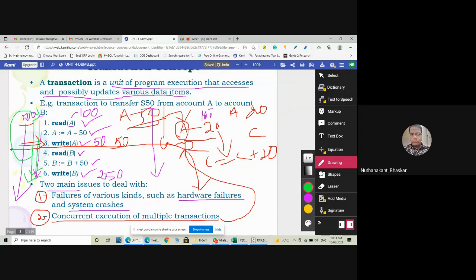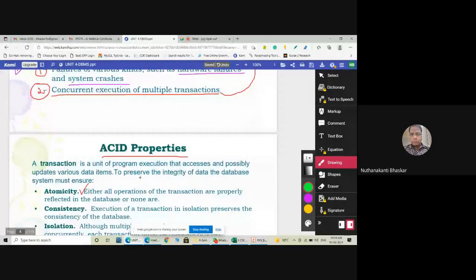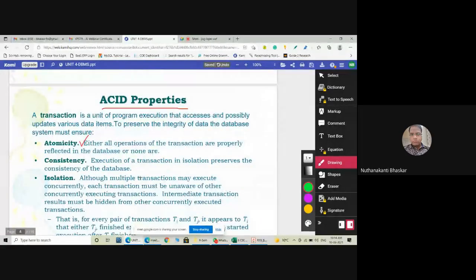Because if you stop here because of a hardware failure, what happened? A is going to lose the $50. Here, if it fails in this case, the atomicity rule says the remaining actions in the transaction are not executed, and it must be moved directly to the beginning of the transaction. So that A has 100, B has 200, and no one will lose anything. Maybe the transaction fails, but no one will lose anything. Understand? That is called atomicity.